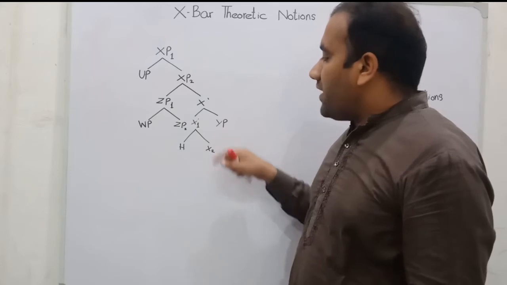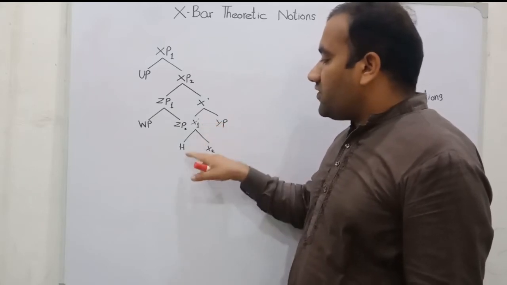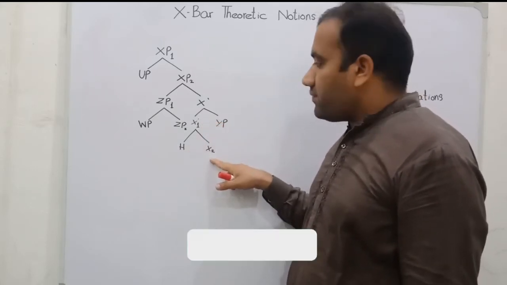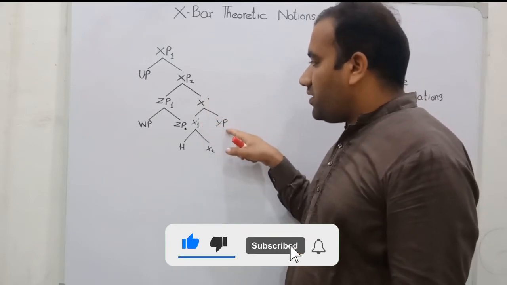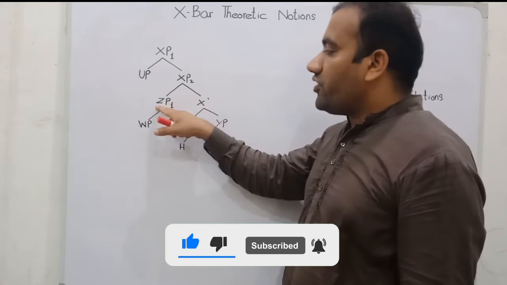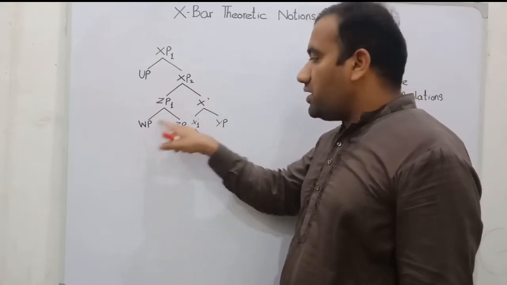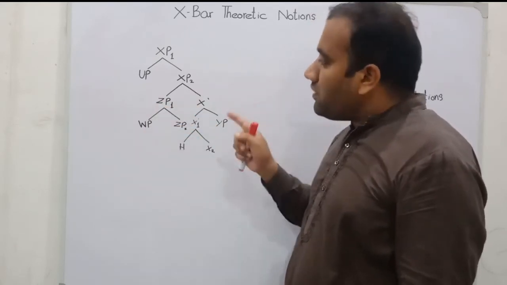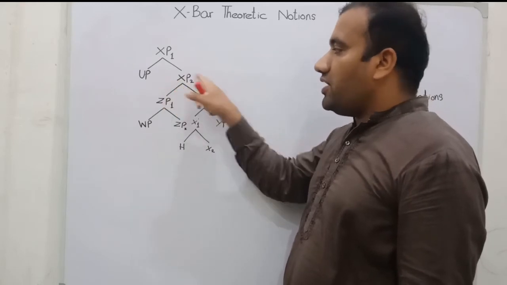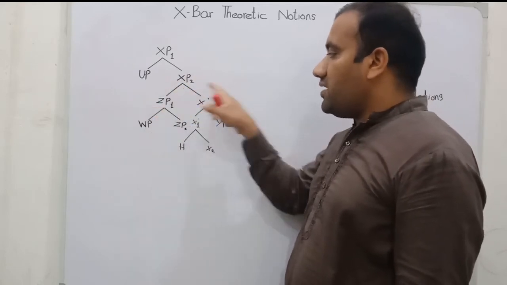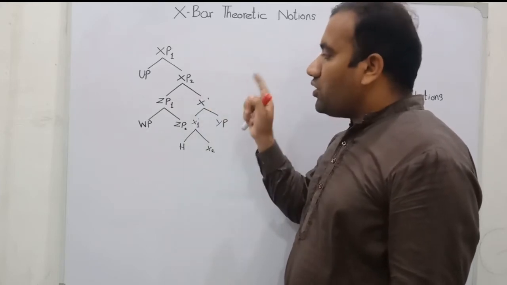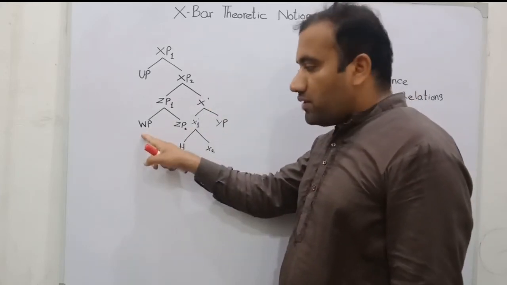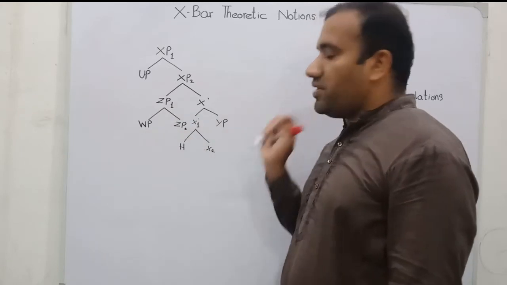You can notice that X-bar dominates X1, and ZP dominates WP and ZP. Similarly, XP dominates ZP, X-bar. Similarly, XP dominates WP, ZP, XP.